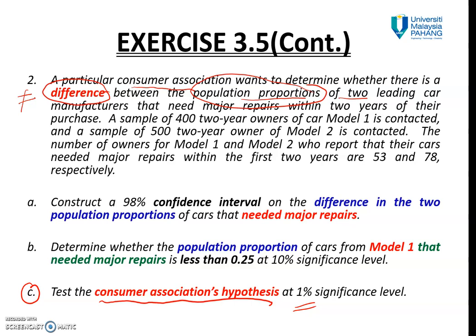For the population mean, you have many rules or conditions to fulfill or to check. But if you know this is proportion, automatically you know we only have the z table, z test. So it will be very easy compared to mean.